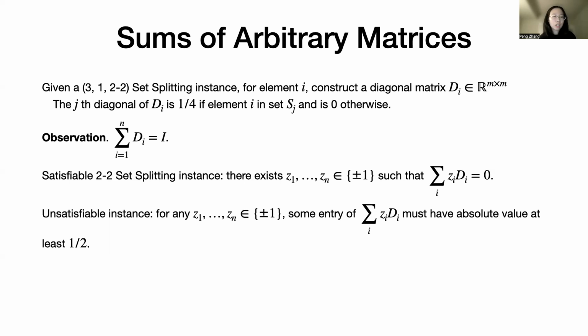Well, if this 2-2 set splitting instance is an unsatisfiable instance, then for any Z1 through Zn with values 1 or -1, there must exist a set Sj such that the sum of the elements in Sj has an absolute value at least 2. So this means that the jth diagonal of the sum of Zi Di has absolute value at least 1/2.